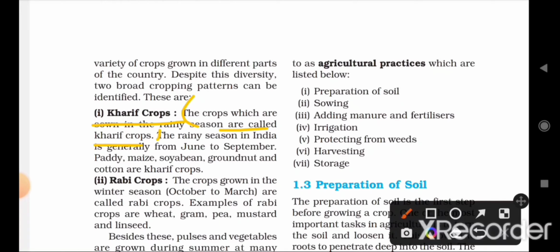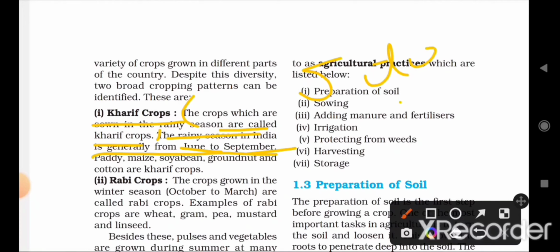We can write this definition. The rainy season in India is generally from June to September. It starts in June and ends in September. Remember that.